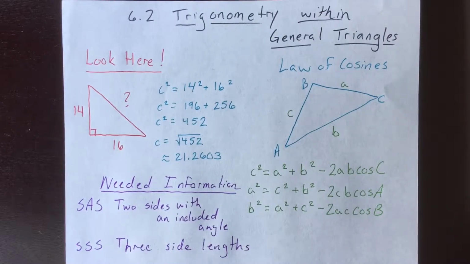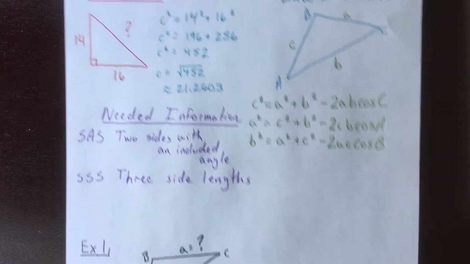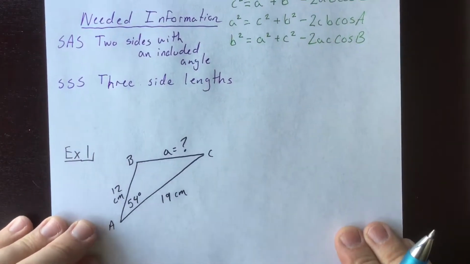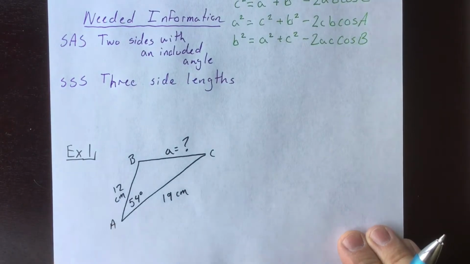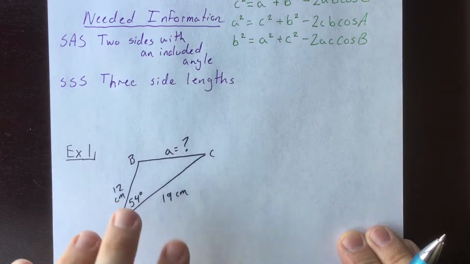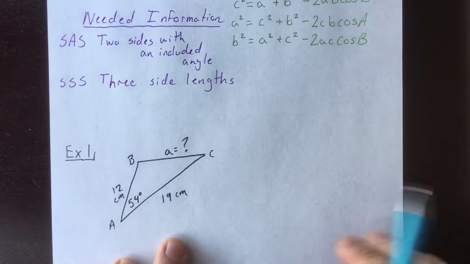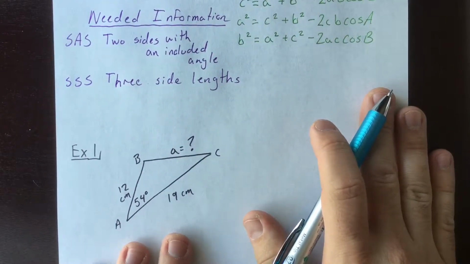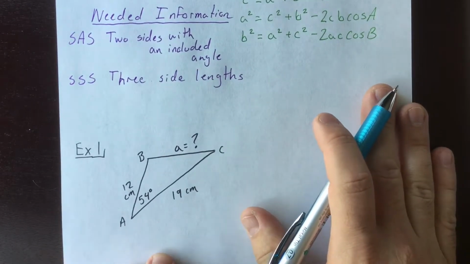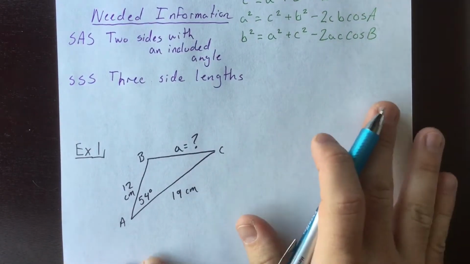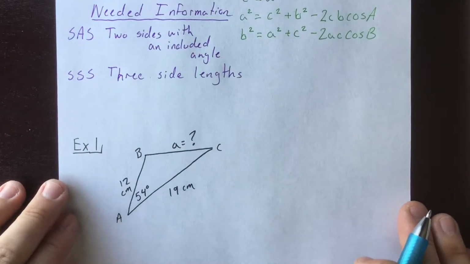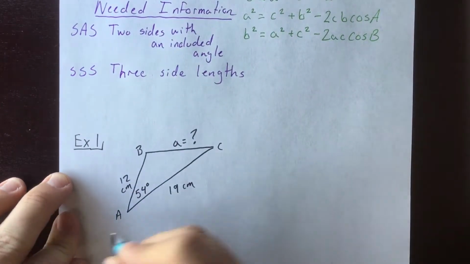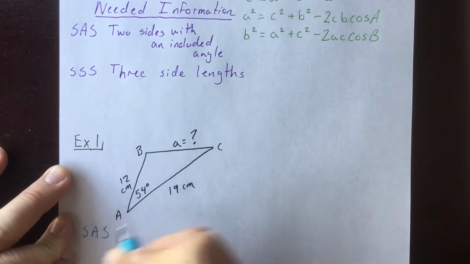So let's look at our first example. Slide this up, and there we go. So let's imagine we have this figure. We have 2 side lengths and an angle measure. So hot tip number 1, identify what you're using and what you're using it for. Looking at this figure, we have side angle side configuration.